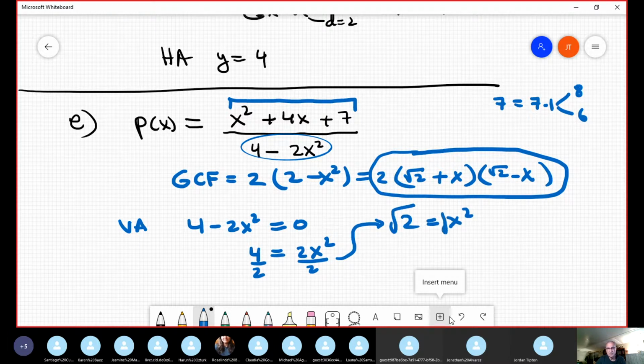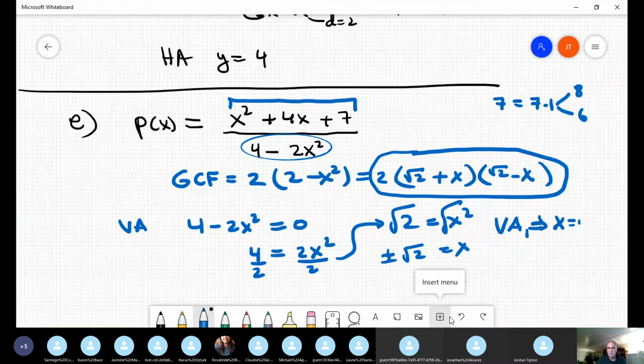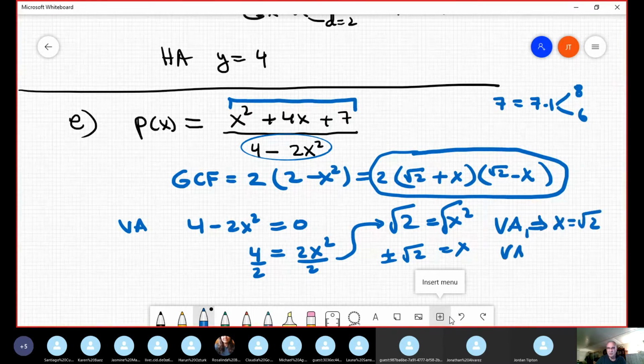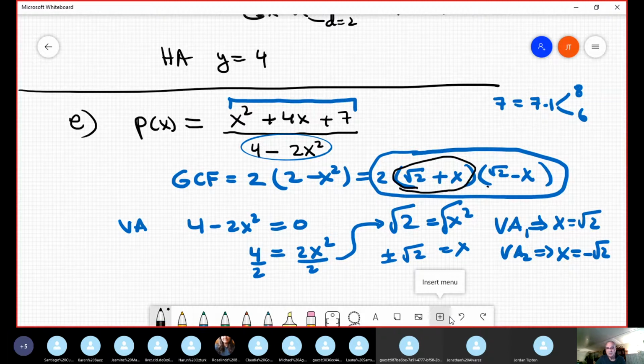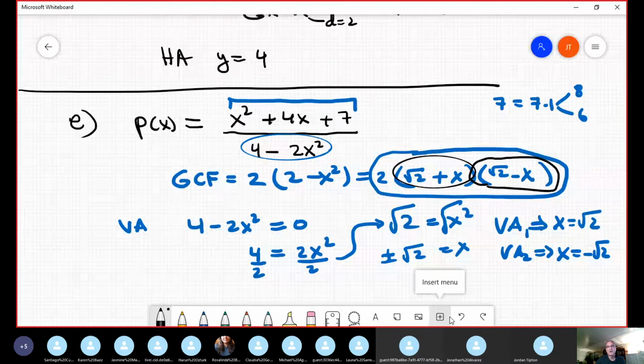Apply the square root to both sides: plus or minus radical 2 is equal to x. The vertical asymptote number 1 is at x equal to radical 2, and vertical asymptote number 2 is x equal to minus radical 2. And you can see it clearly in this factor. It's the same either way, by the original or by the factored form.